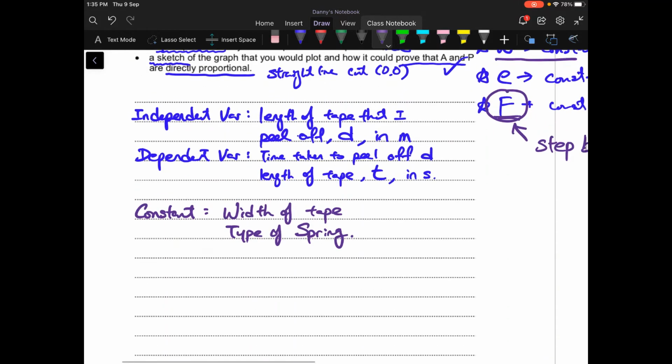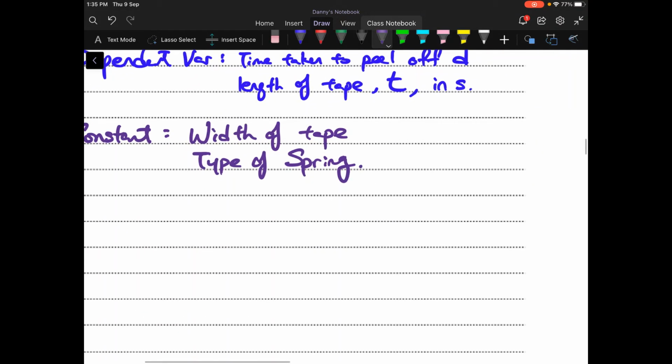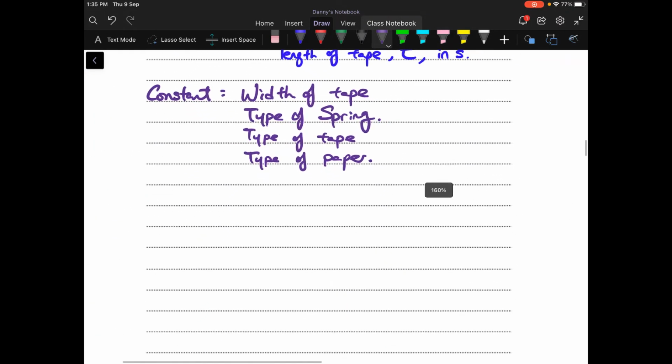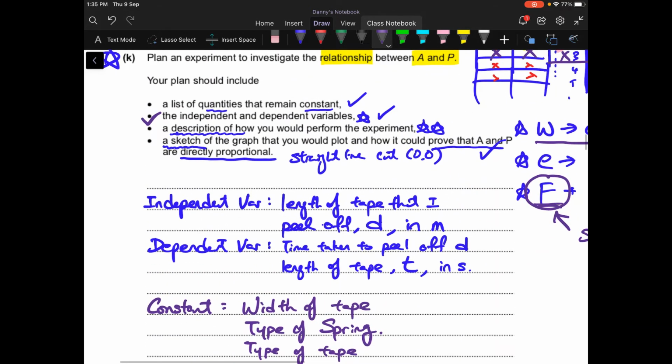And I know that the adhesive tape is going to work against me, so I should use the same type of tape. Since the tape is on the paper, I should also use the same type of paper. Right, and I think that is about it. So I score bullet point 1.